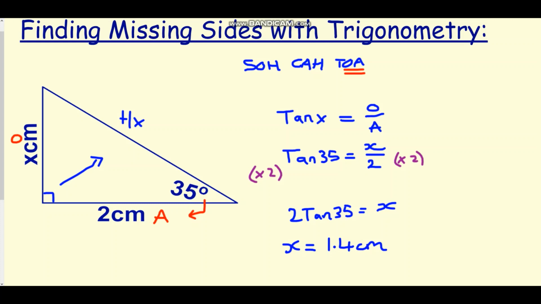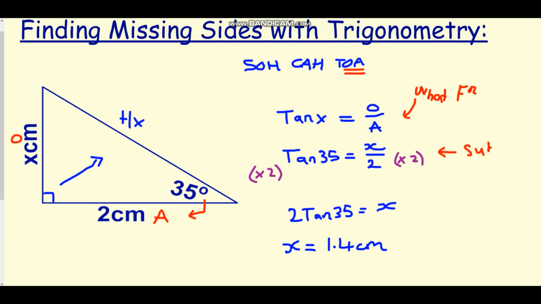The steps are, first of all, figure out what your trig function is. Okay, I'm going to put f with a wee n at the top as a shorthand for function. What function are we using? Then substitute in your values.